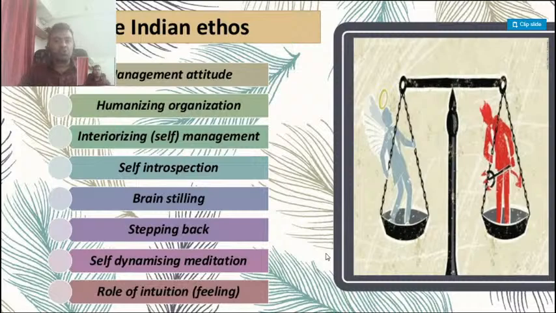But Indian ethos always talks about brain stealing, in the sense that rather than going public and talking about your decision or asserting your opinion, we are more interested in going silent, sitting for meditation, and then thinking about a particular problem, and ultimately you will get a solution for it. There are many scientists who have accepted this, that whenever they are silent, there is some problem.